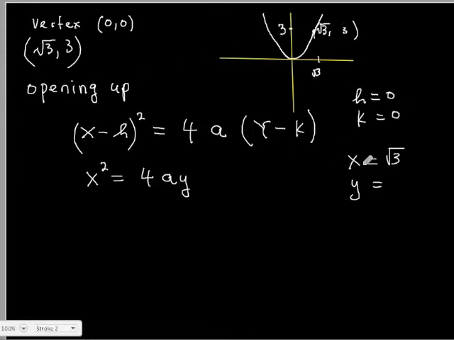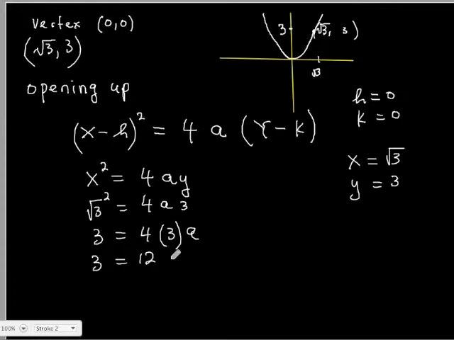You know the x point is square root of 3 and the y point is 3. So square root of 3 squared is equal to 4a, y is 3. 3 is equal to 4 times 3 times a. 3 is equal to 12a.